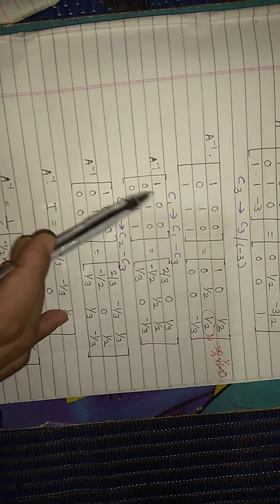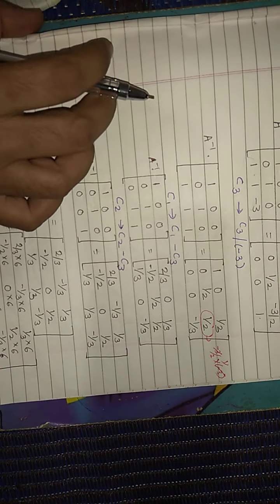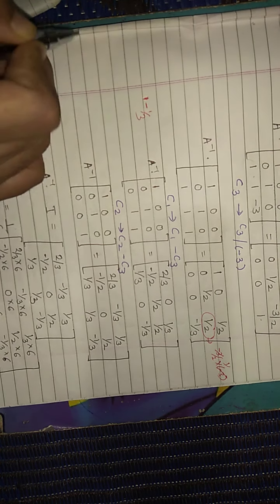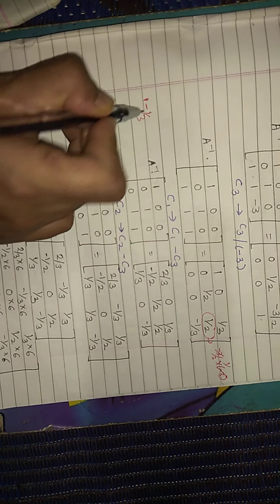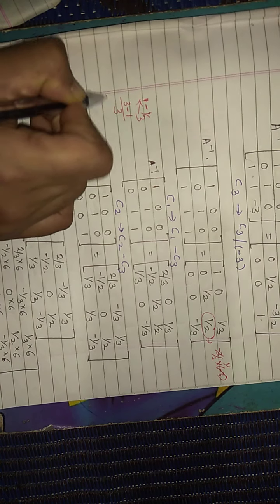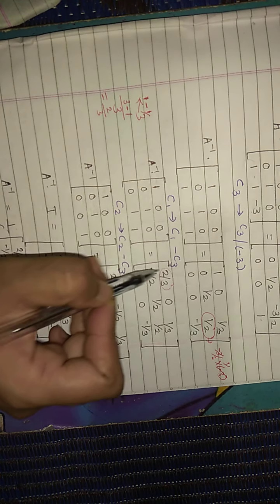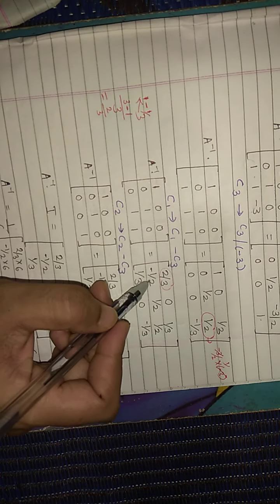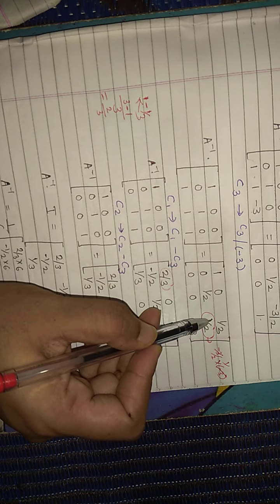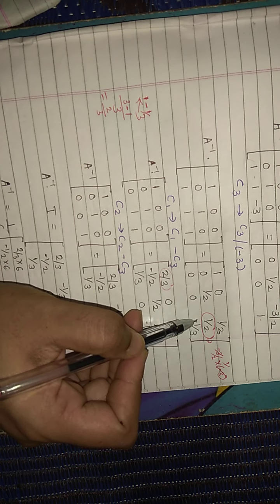Similar step we have to follow over here. First number is 1 minus 1 upon 3. So it is a fraction number, so convert 1 into 3 upon 3: 3 minus 1 divided by 3, 3 minus 1, 2, 2 upon 3. So we write that in the first step. Similarly, we solve the other two. 0 minus 1 upon 2, minus 1 upon 2, 0 minus 1 upon 3.